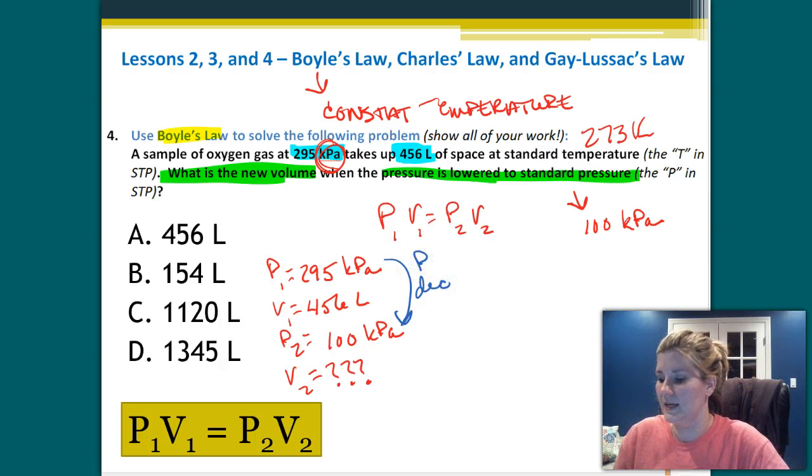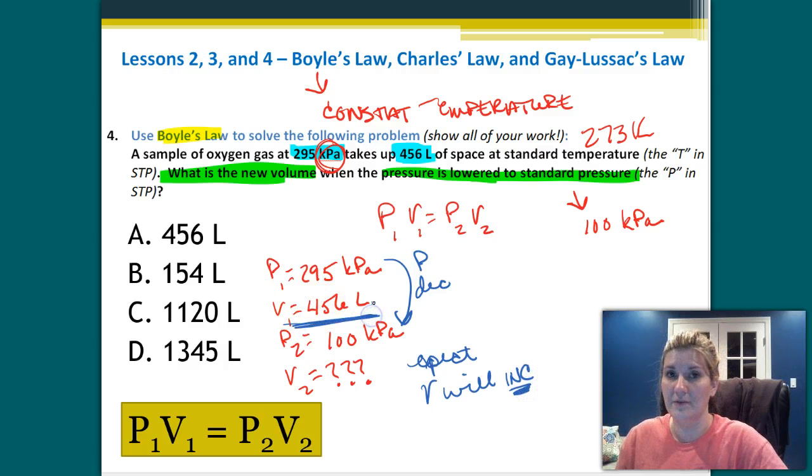P decreases, so we can make some assumptions here, a hypothesis. V will increase. It will do the opposite, right? So we should get an answer that is higher than 456 liters. And so that rules out A as an option. It also rules out B as an option. We're looking then at 1,120 liters or 1,335 liters.